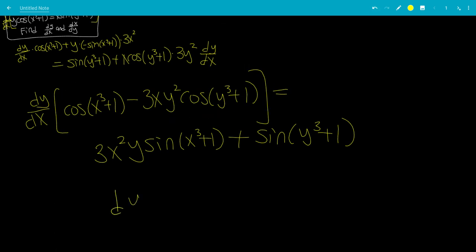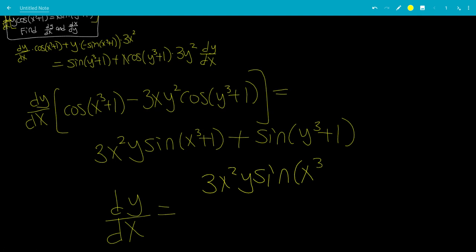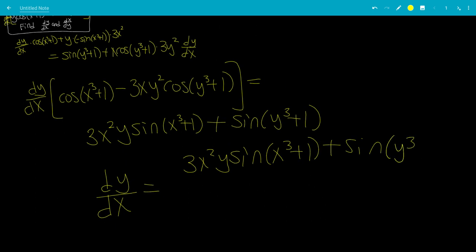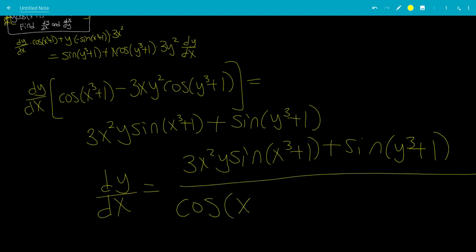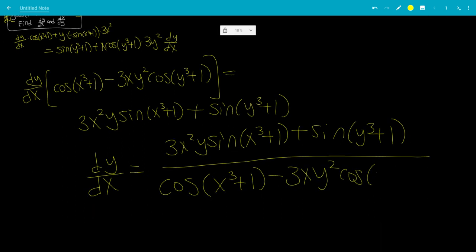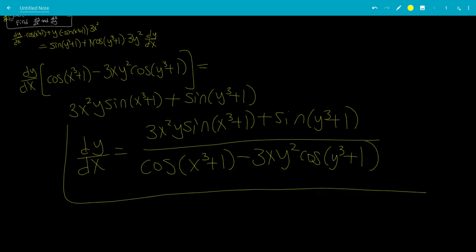So we get dy/dx equals 3x squared y sine of (x cubed plus 1) plus sine of (y cubed plus 1), all over cosine of (x cubed plus 1) minus 3xy squared times cosine of (y cubed plus 1). Okay, so that is dy/dx.